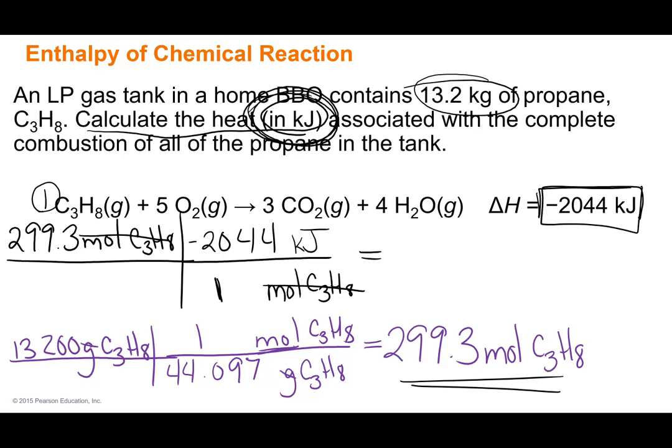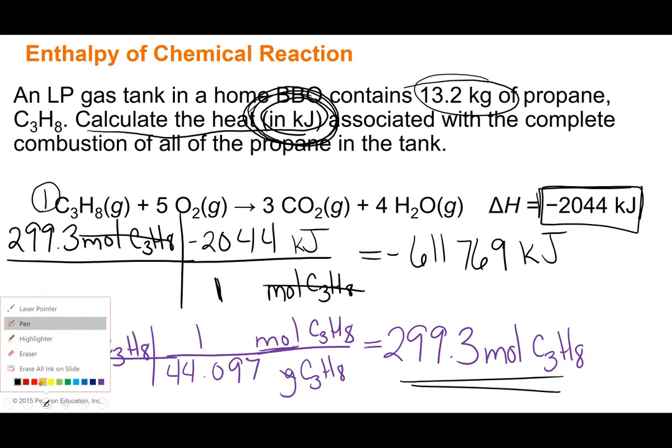Multiply across the top, divide by the bottom, so 299.3 times negative 2,044, and we get a ridiculously big number. 611,769, and the unit is kilojoules. Okay.